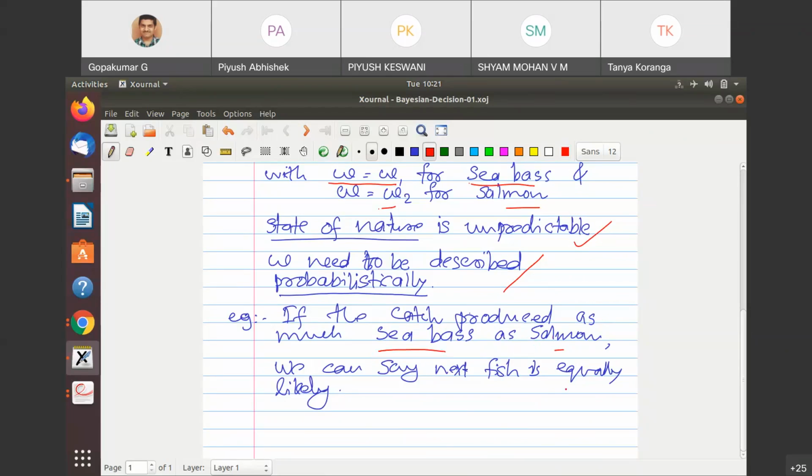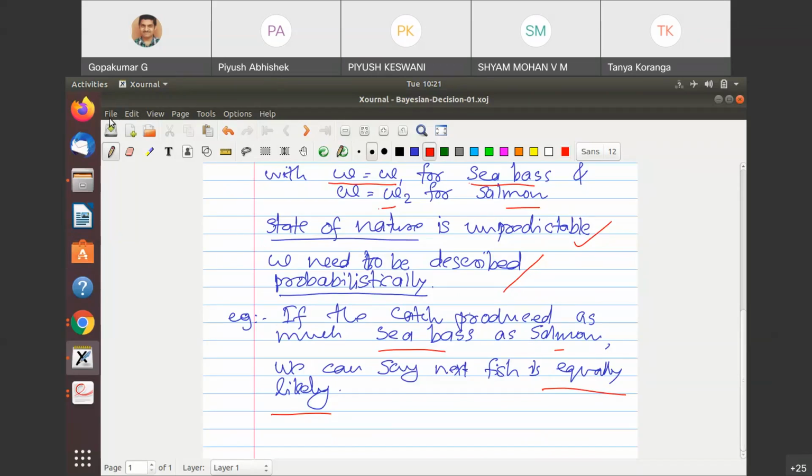That is, the probability that the next fish to arrive is salmon or sea bass is equally likely. That depends on how the probability of each individual state of nature varies.